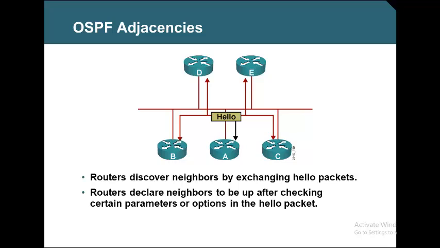So certain parameters should match in order to form a neighbor. We will see in detail what all goes inside hello packets later. As of now, what we learn is two routers learn each other's existence using the hello packet.